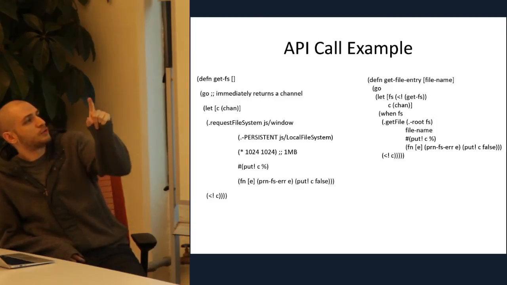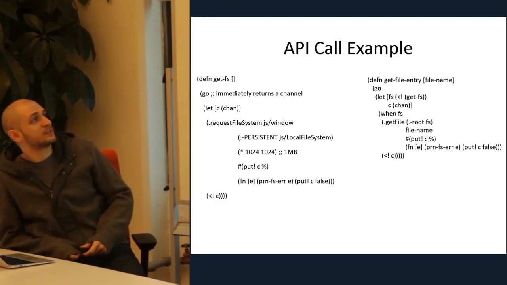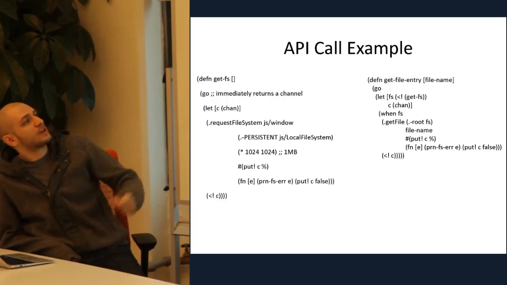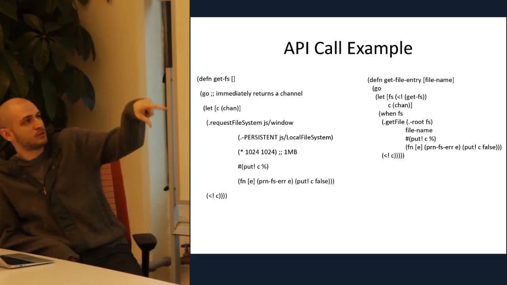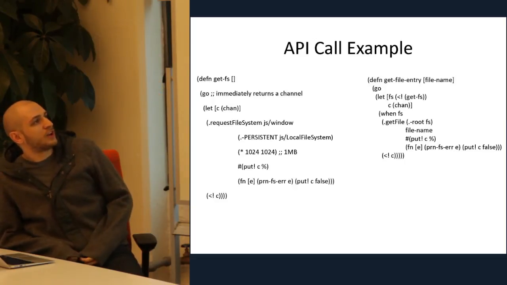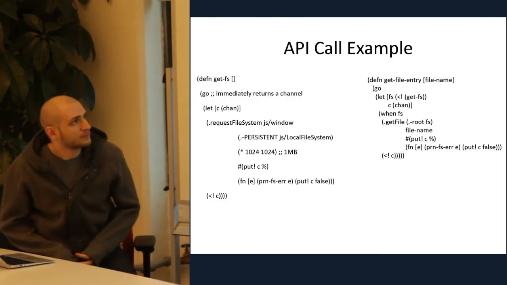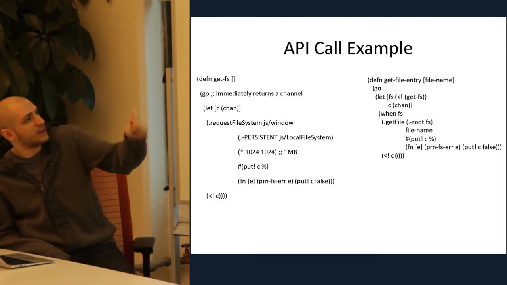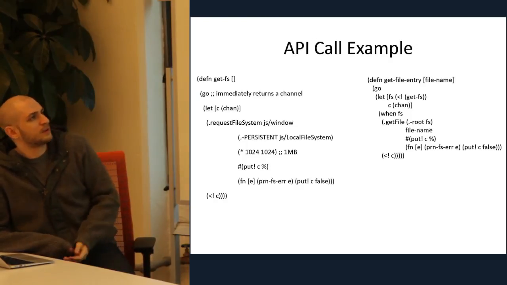But we first have to read off of it, because getFS gives us back a channel, not the actual value, but the channel will contain the value when it gets there. So now this looks a little more like synchronous code, except you have to read off a channel rather than directly get the value. And so you can chain these functions more easily this way.